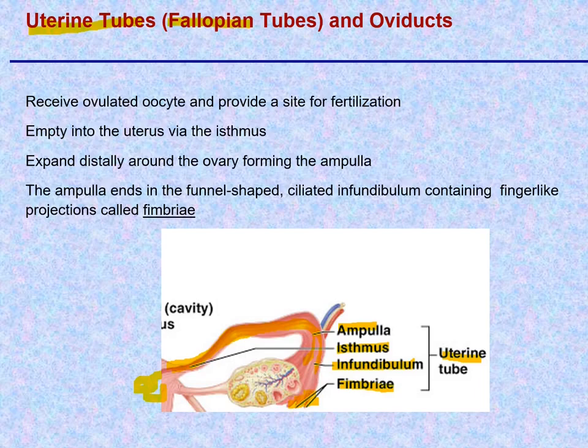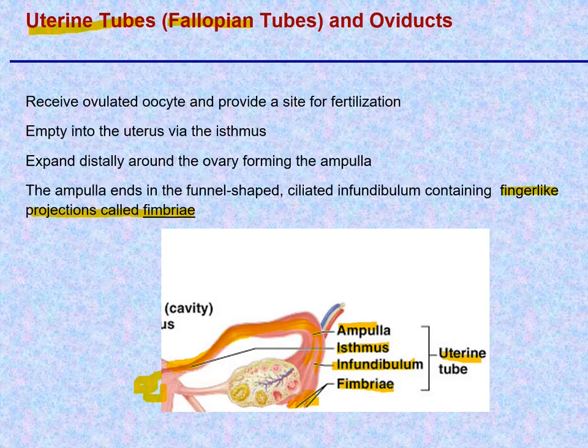All right. So when an egg undergoes ovulation, when the mature egg, or oocyte, gets released from the ovary, the finger-like projections of the fimbria draw it in by constantly undulating, waving, and creating a current to pull that oocyte into the uterine tubes.